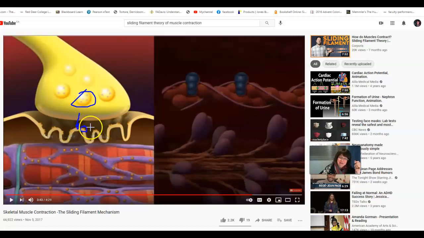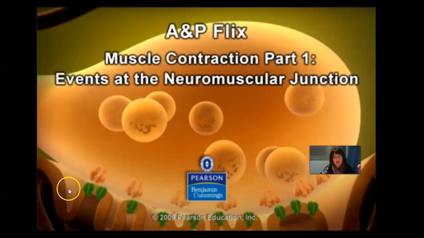Then if enough of them bind, it will cause what's called a depolarization, and that will result in enough change in the potential to cause the calcium to be released. Okay, let's go find another video in a little more detail. This is a good video on the neuromuscular junction because it gives you a big picture.